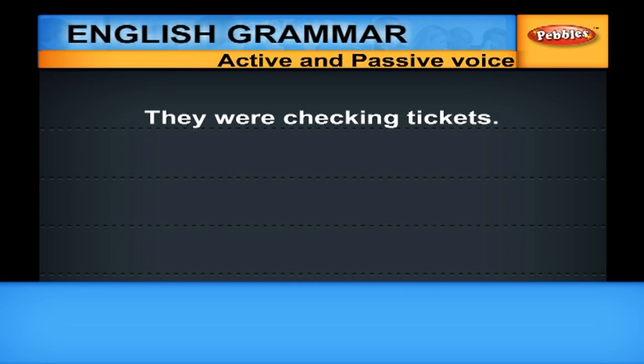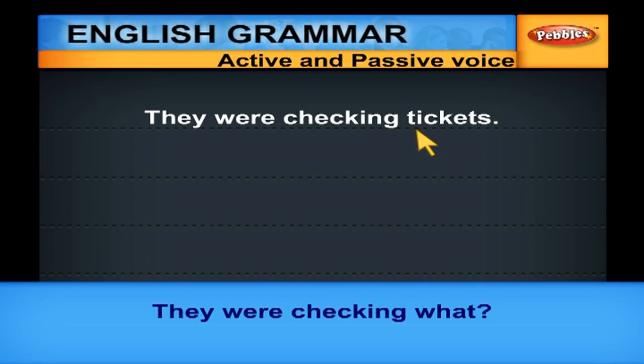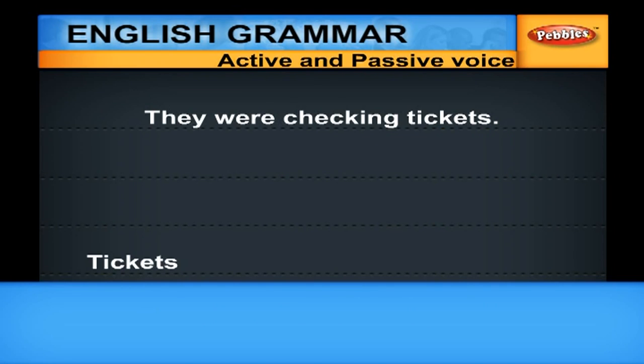They were checking tickets. This is in past continuous tense. Checking is the present participle of the verb check. They were checking what? Tickets. That becomes the object. Since it is in the past tense, the be auxiliary should be was or were.